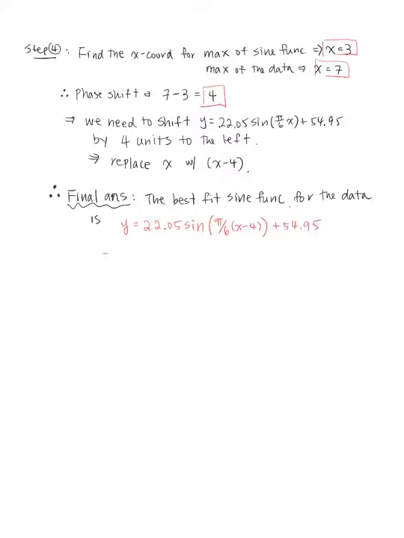Let's simplify: 22.05 sine of pi over 6x, and then distribute the pi over 6 to the 4, which gives 2 pi over 3, and then plus 54.95. That was work and a half. And here you have it.